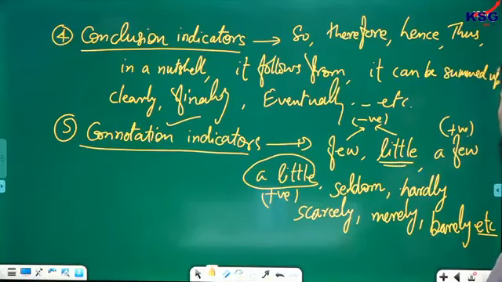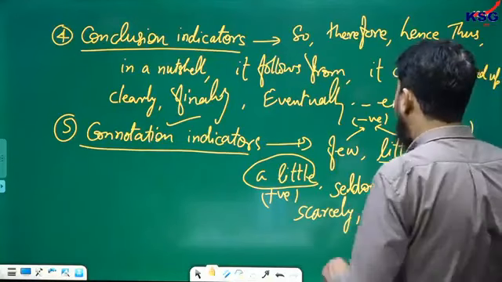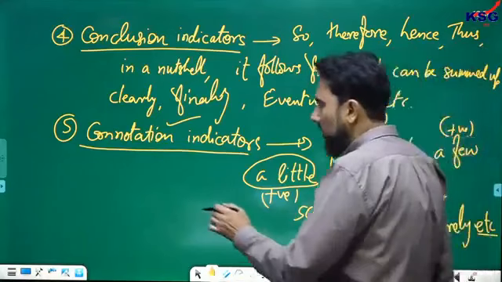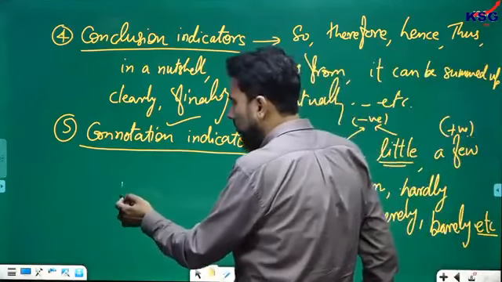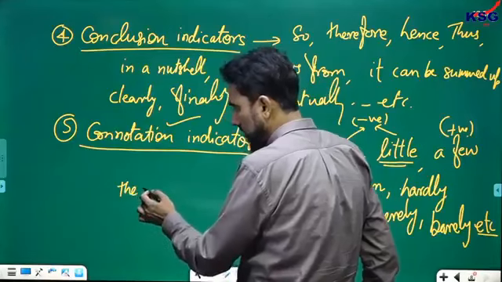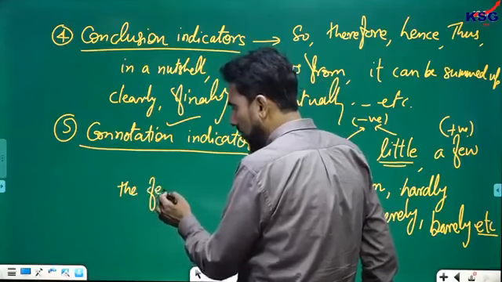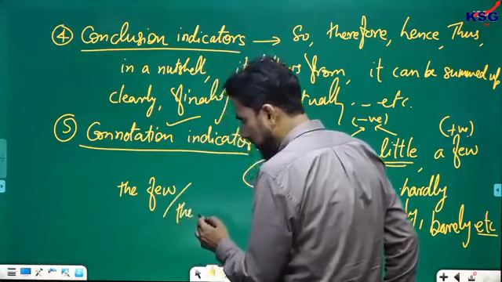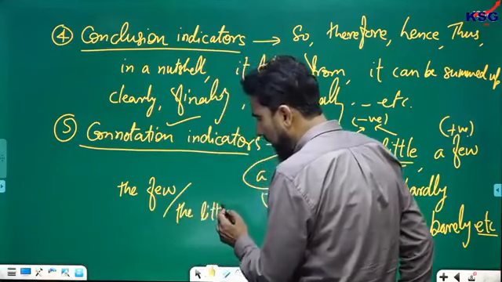Okay, Biswajit, I was coming to that point. I have discussed few and little, a few and a little. Then these words are also used with another article, the. When we come across "the few" or "the little," it gives another sense.